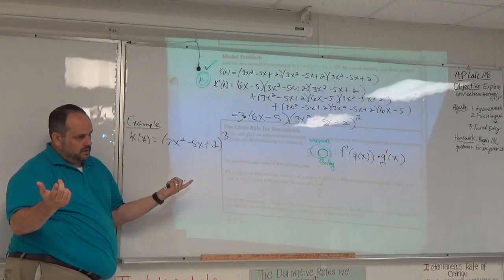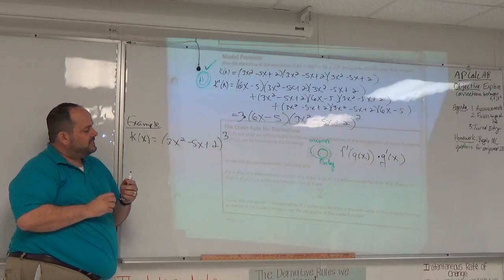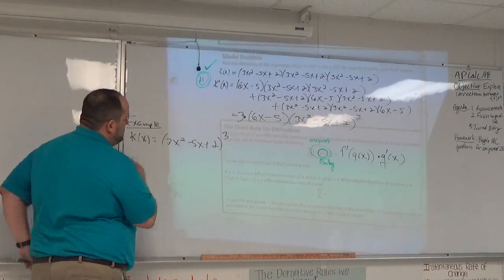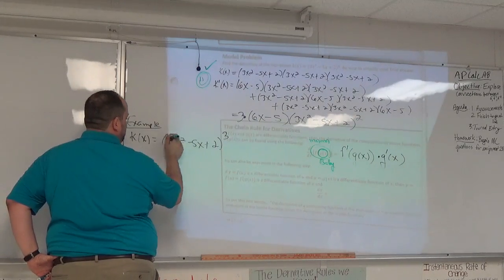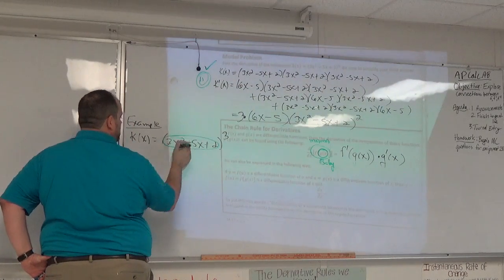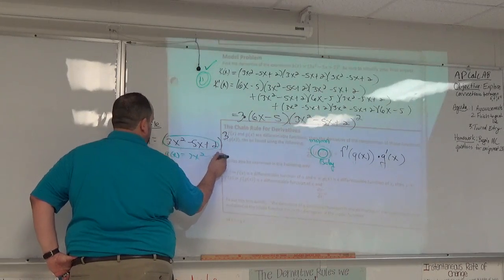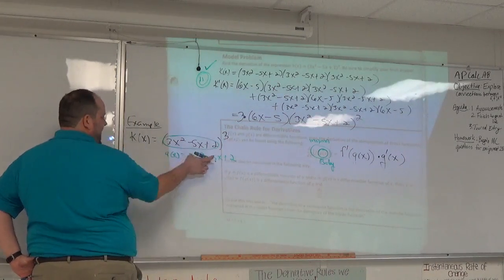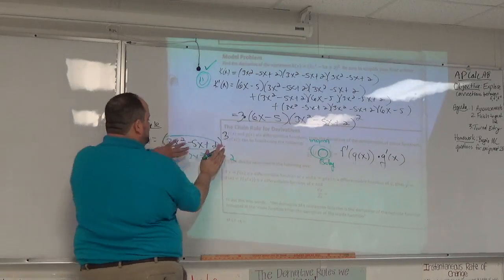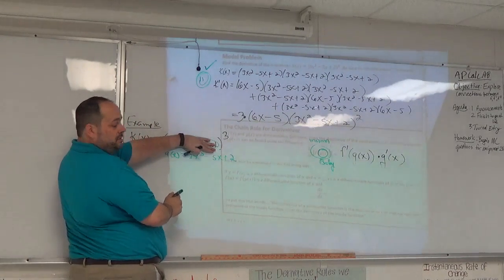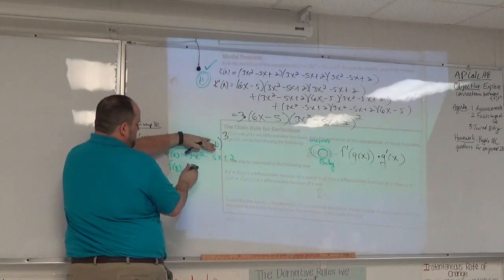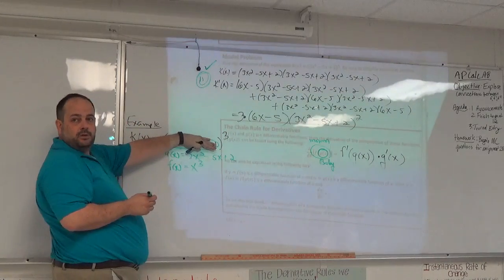Yes. Or we can make one. What's the inside function? The inside function is this guy here. This is your baby, this is g, 3x squared minus 5x plus 2. If that's the baby, then the mama is everything else. F of x would be x cubed.